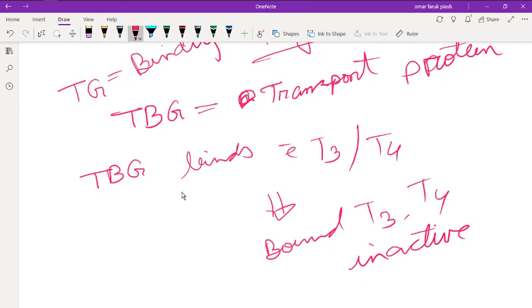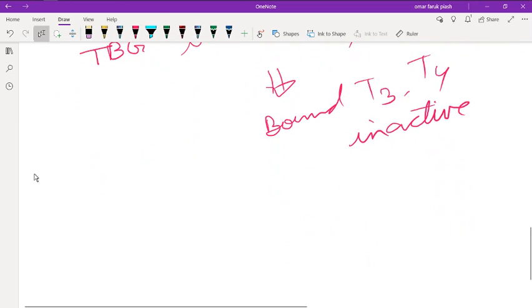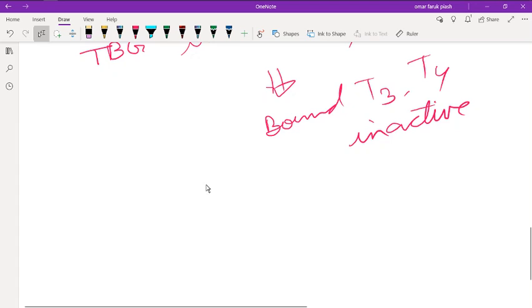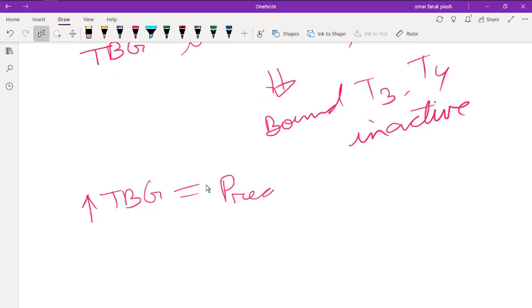That's why we always prefer free T3 T4 to diagnose a disease, because it is more accurate, because bound T3 T4 is inactive.